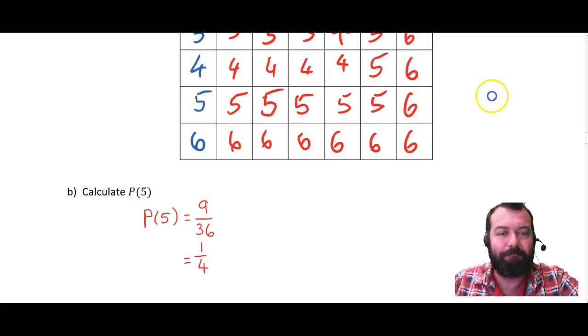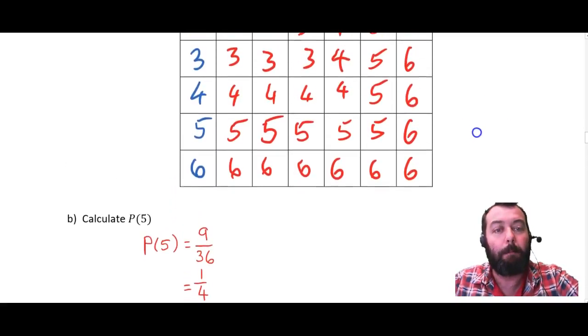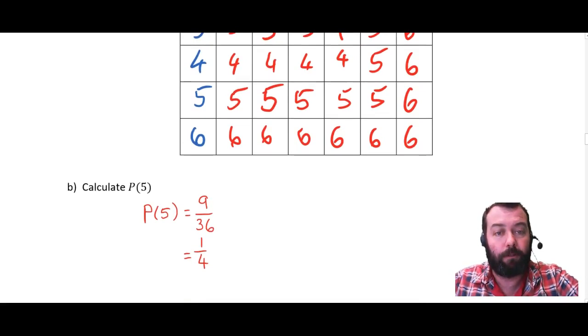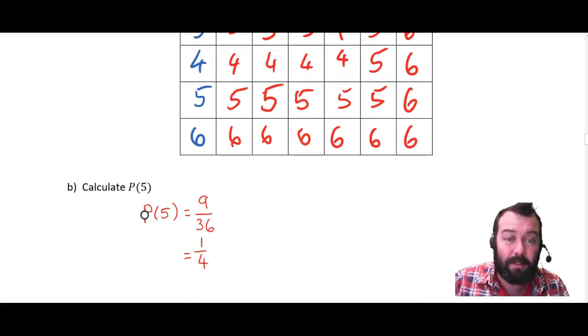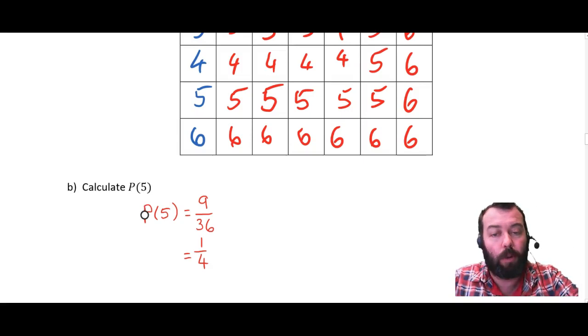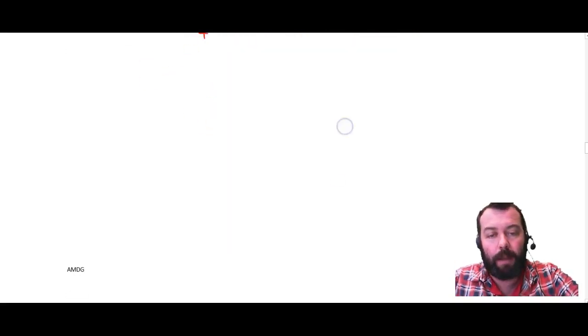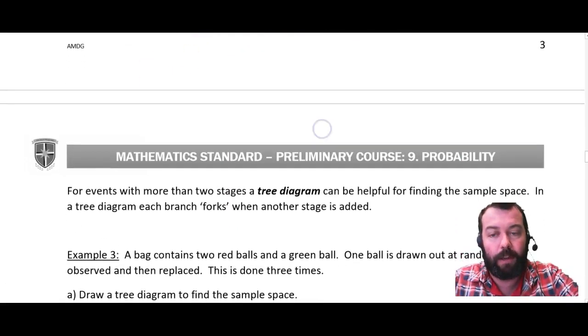There we go. So you can see there that a table makes that relatively straightforward. It's nice and compact. It doesn't take up too much room on our page, but it only works for a 2-stage event.